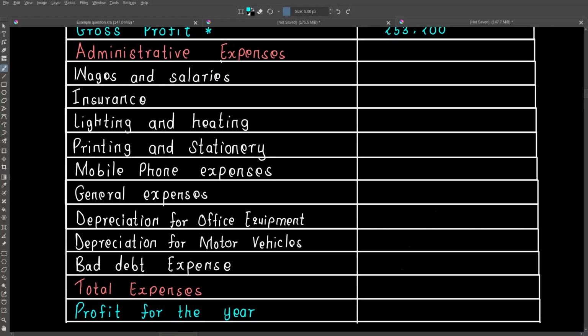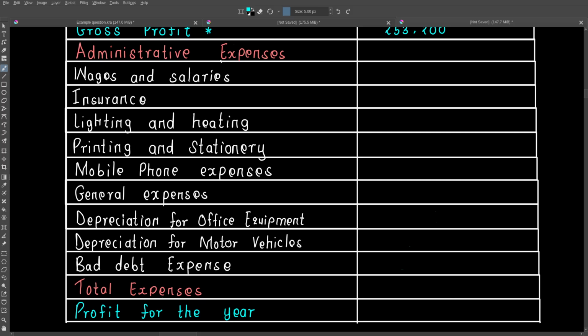Now the next part is looking at the expenses. Remember, previously I've mentioned when it comes to this section, we divide these expenses into selling and distribution expenses and administrative expenses. Selling and distribution expenses are expenses that are directly involved in the selling of the goods.